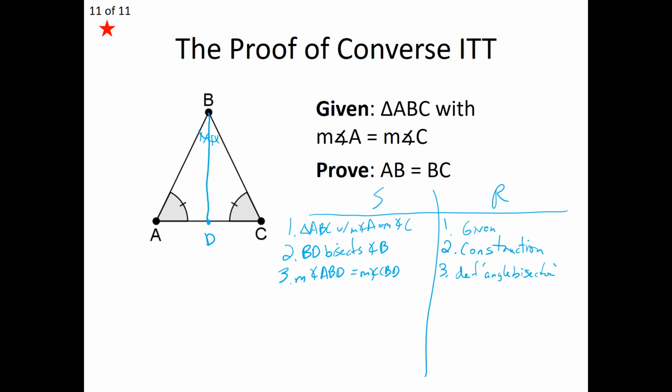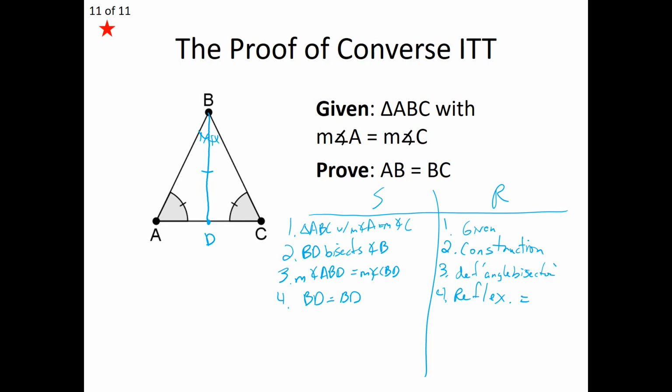Well, where do we go from there? When we bisect that angle, we produce this side BD. As it turns out, that now cuts our entire triangle ABC into two smaller triangles, ABD and CBD, and those two triangles have a common side. So here in step 4, let's use that common side to state that equality. BD is equal to itself by our good old property of reflexivity of equality, and what that produces are three pairs of equal things.